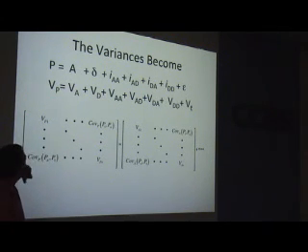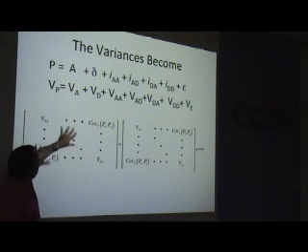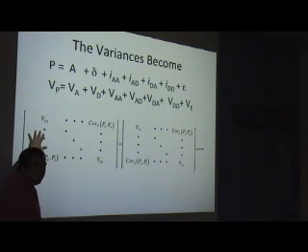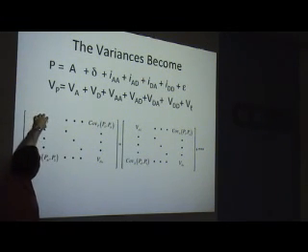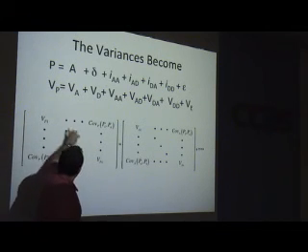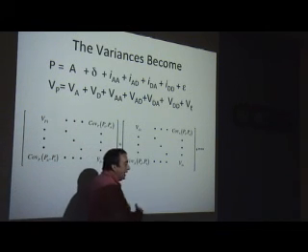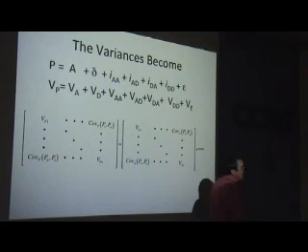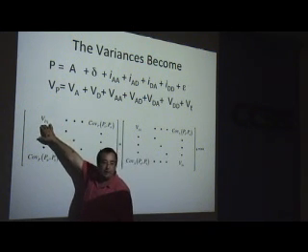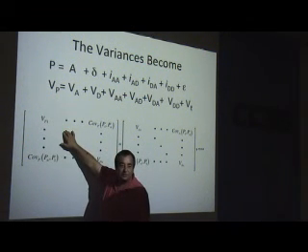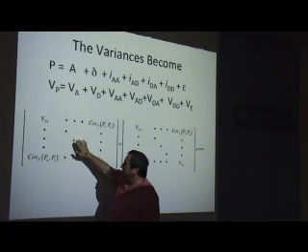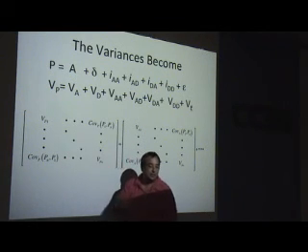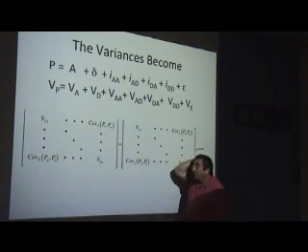And so, in fact, this VP becomes this, which has, along this diagonal here, the phenotypic variances for each of the individual traits. So again, milk yield, this is a phenotypic variance in milk yield, this is a phenotypic variance in butter fat, phenotypic variance in disease resistance, what have you.